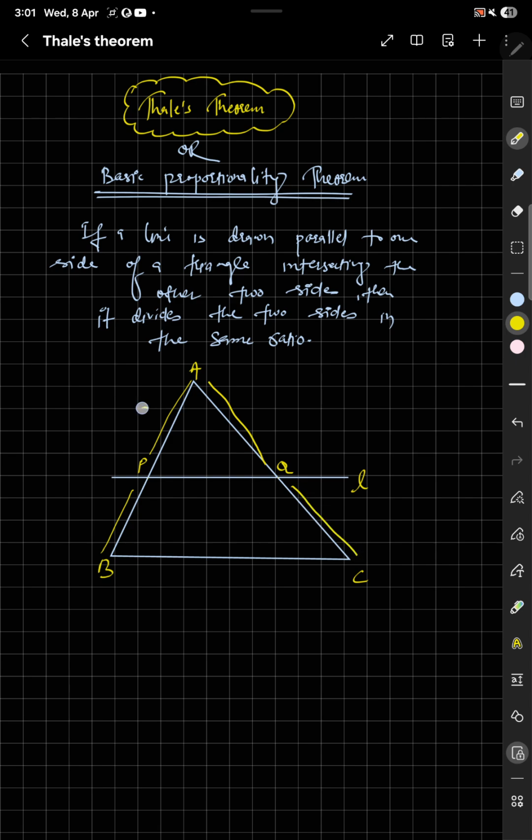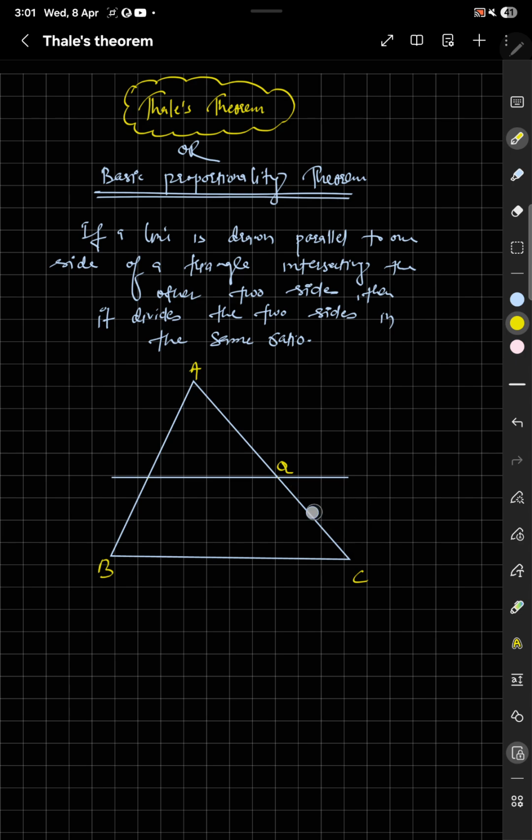Means, if it is dividing in the ratio 2:3, then this ratio will also be 2:3. If this is dividing in the ratio 3:4, then this will also be 3:4. Here, the point to be noted is that the ratio will be equal.